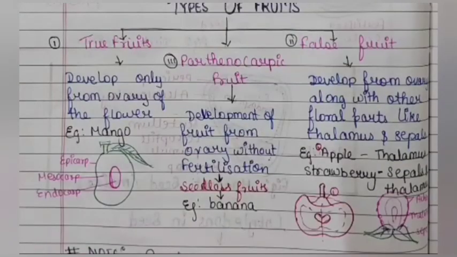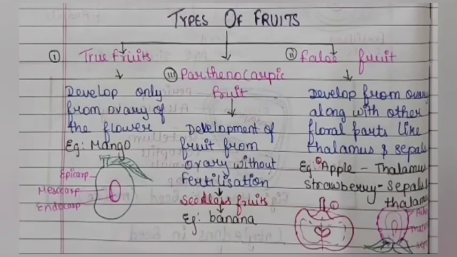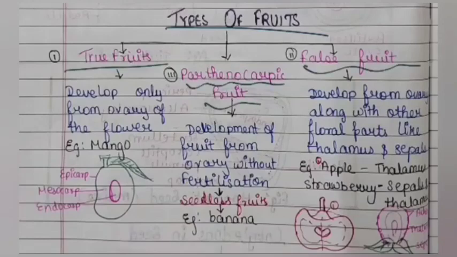Now the types of fruits we are going to look at. The first is true fruit, then parthenocarpic fruit, and then false fruit. True fruits are developed from the ovary, such as mango. In parthenocarpic fruit, the fruit is developed from the ovary without fertilization.